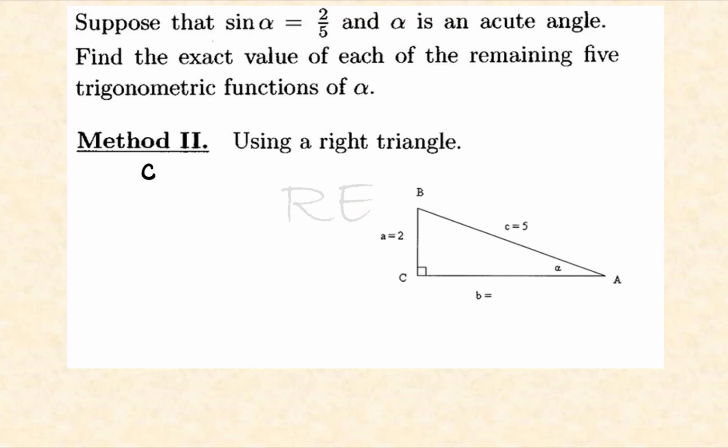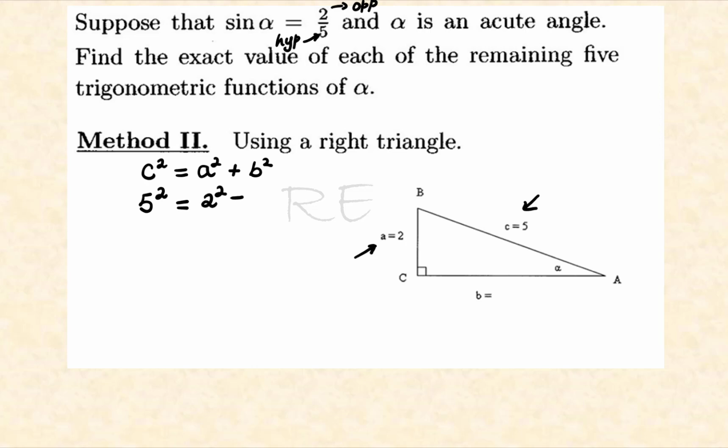Now we're going to use a right triangle to solve the same problem. This is method 2. C squared is equal to A squared plus B squared, the Pythagorean theorem. For sine alpha, 2 will be the opposite, and 5 will be the hypotenuse.